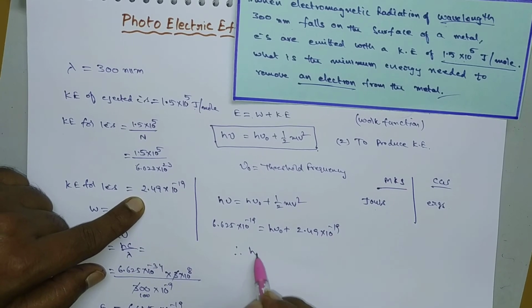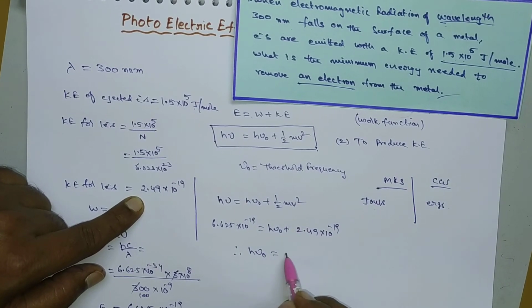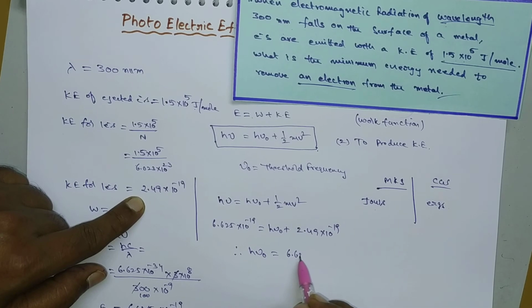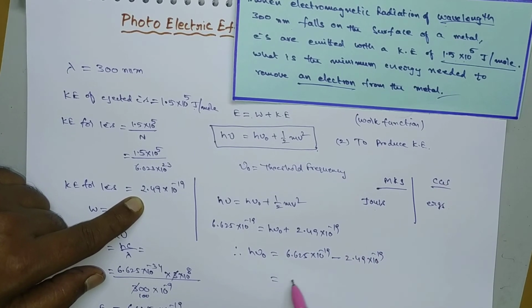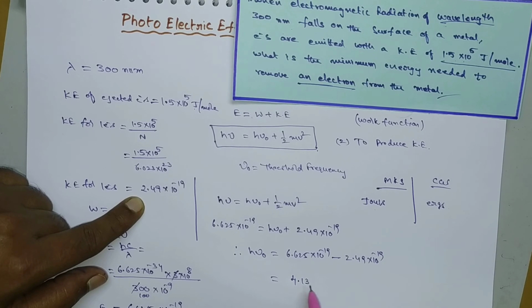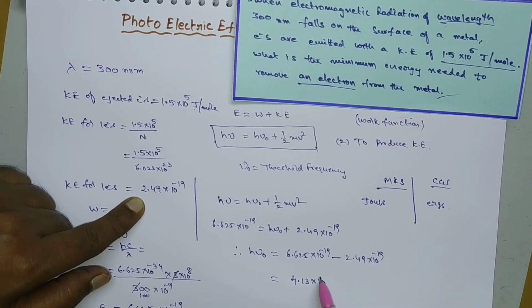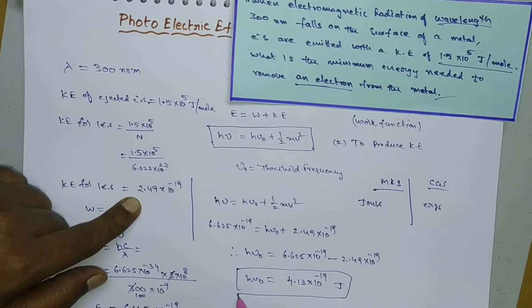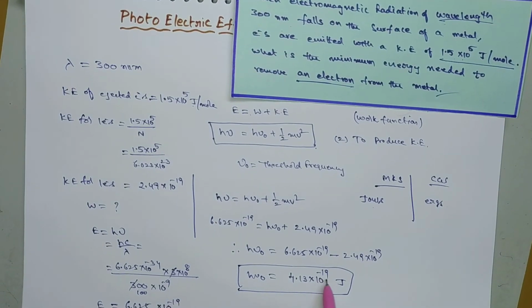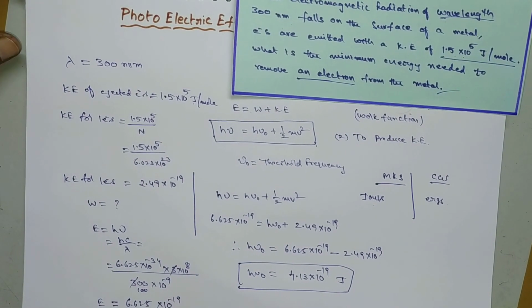Therefore h nu naught is equal to how much? 6.625 into 10 to the power of minus 19 minus 2.49 into 10 to the power of minus 19, so that is 4.13 into 10 to the power of minus 19 joules. Here it is joules, h nu naught. So this is the work function, 4.13 into 10 power minus 19 joules. So this is the answer.